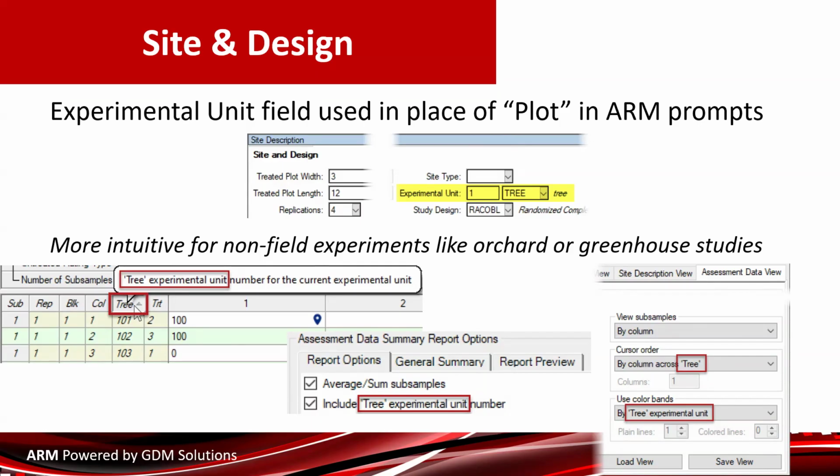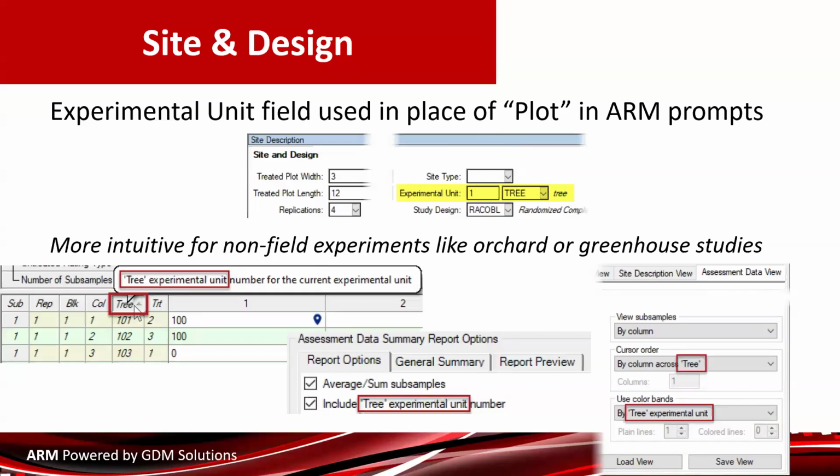But some of that original terminology still sticks around. I think plot is a pretty obvious example of that. In general, the most general term would be experimental unit, but of course that's big and bulky, and there are a lot of places in ARM where we would label experimental units, right? So we usually just use plot.